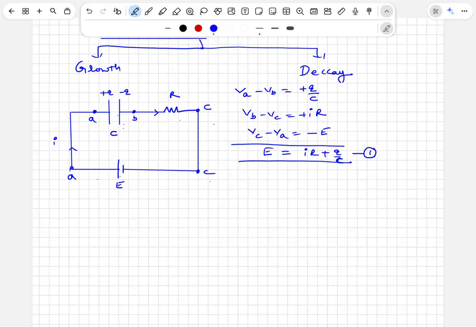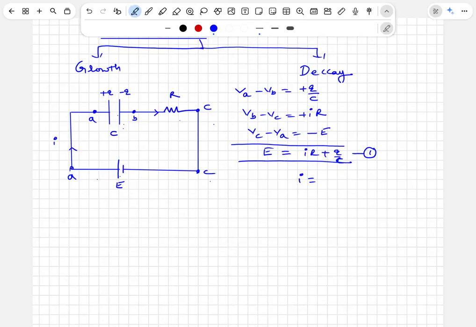Any doubt in equation 1? Ask me right now. Okay. How to define current here? That's a problem.